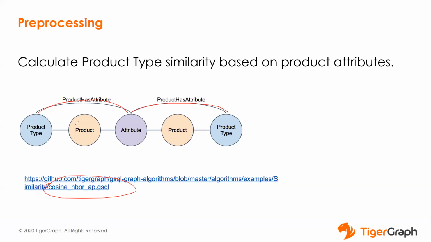For example, each product type may have a very limited number of attributes. That is fine, right? However, if after evaluation, pre-processing inserts 100 billion edges, that might not be a good choice, right? We don't even have enough memory to store 100 billion edges. So that's one really important thing to consider when we do pre-processing.